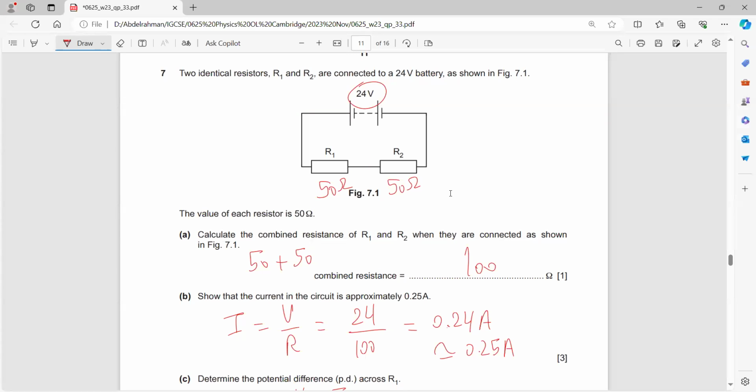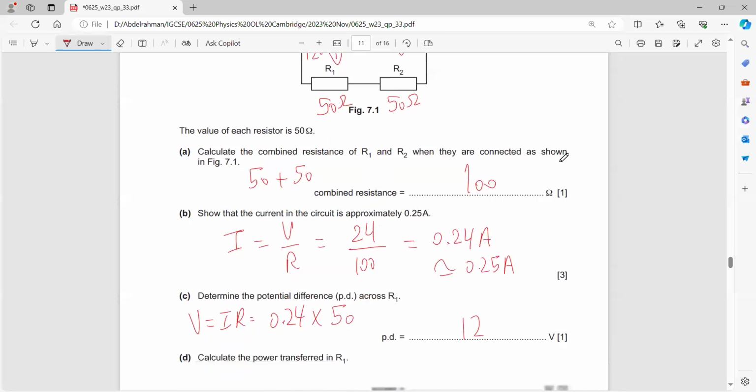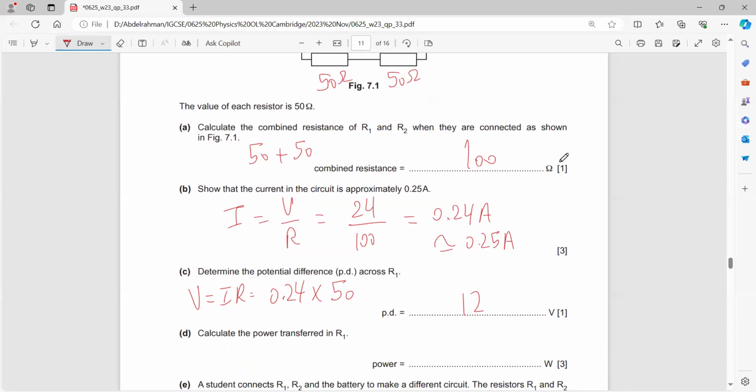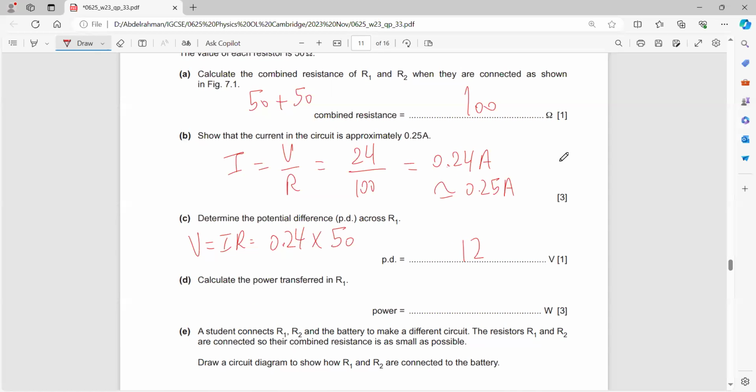This is 24 volts and we have two equal resistors, so the voltage will be equally divided onto both of them. This one receives 12 volts and the other one also receives 12 volts. That's the whole point of series connections, that the voltage gets divided onto the devices you have.